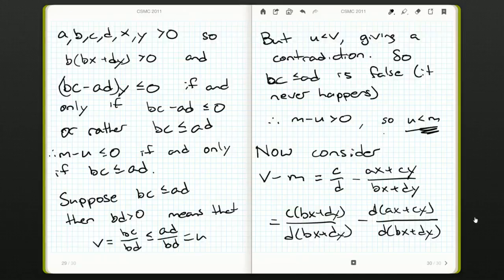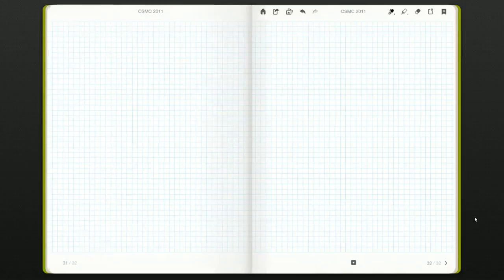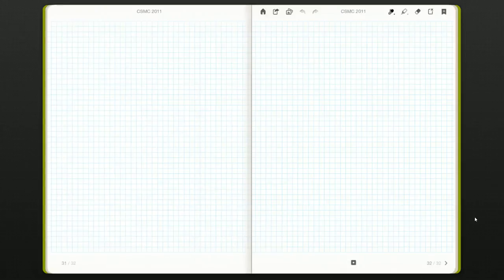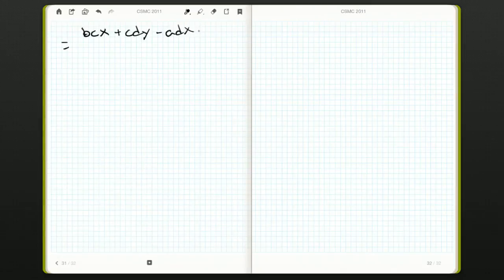So now we can take that difference. We're going to have a cdy cancel out in both of them. Let's see. It was bcx plus cdy minus adx and then minus cdy, all over d times (bx plus dy).